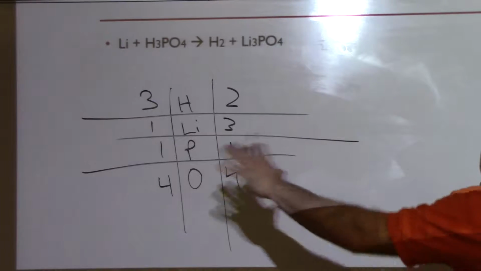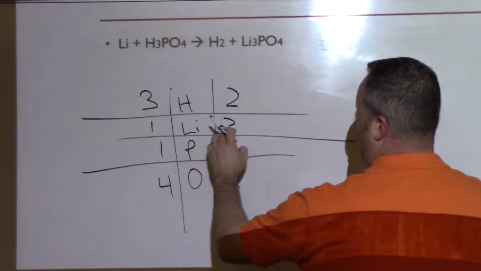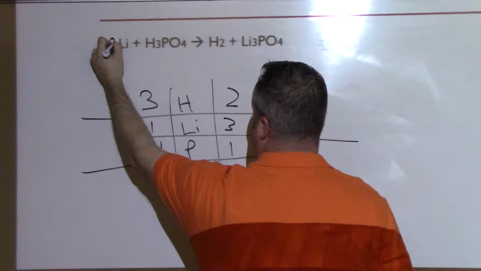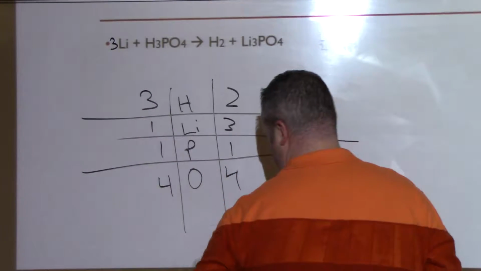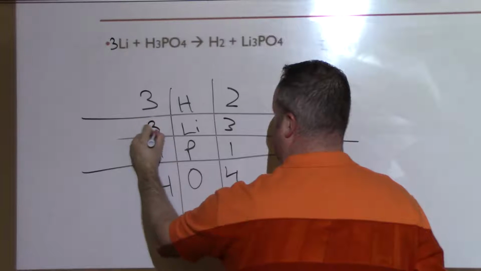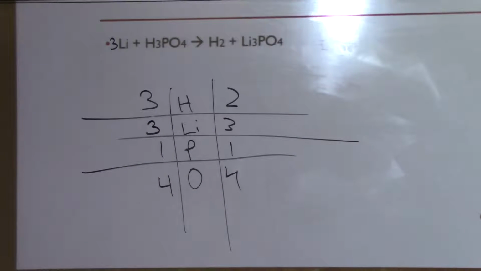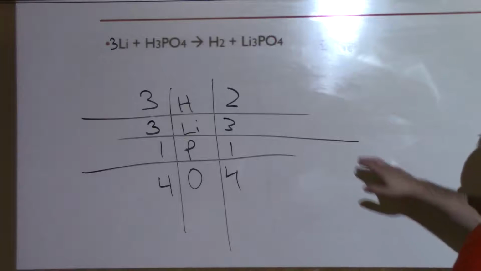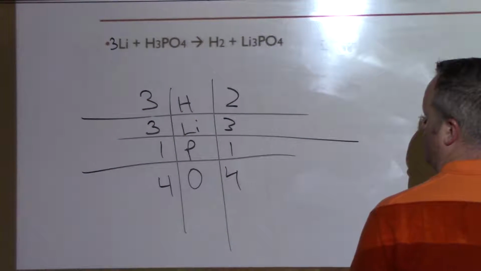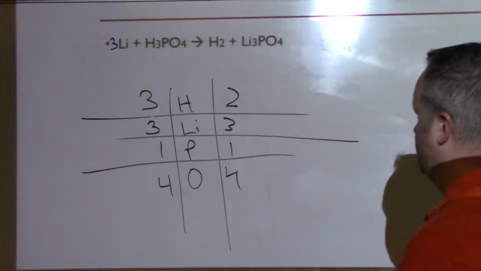So looking at the problem, I know that I need to have more lithium over here. So I'm going to go ahead and increase the amount of lithium I have. And that changes the reactants to 3 lithium. Looking over here, I'm having an issue with my hydrogen. So what I can do is think in terms of least common multiple.